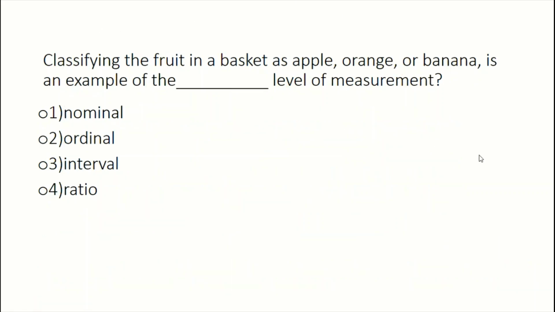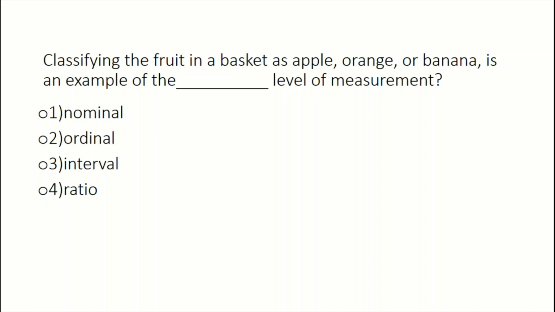Classifying the fruit in a basket as apple, orange, or banana is an example of the dash level of measurement. Is it the nominal, ordinal, interval, or ratio level of measurement? Nouns, or objects, such as apples, oranges, or bananas, lie in the nominal level of measurement.